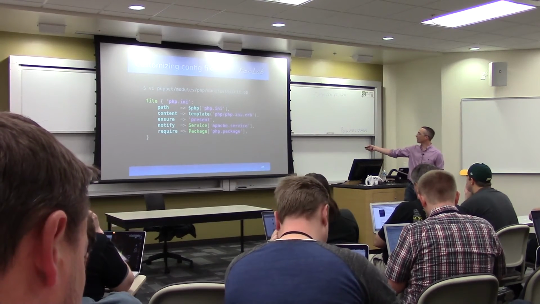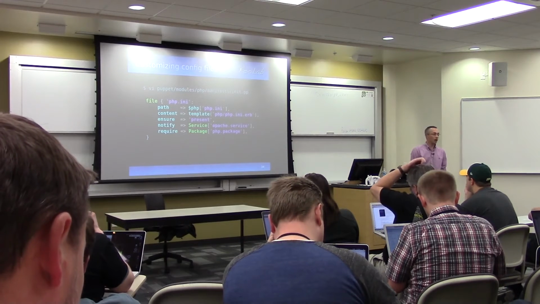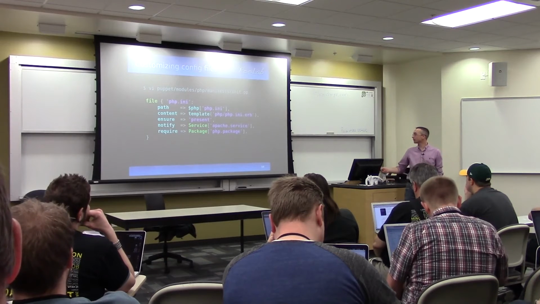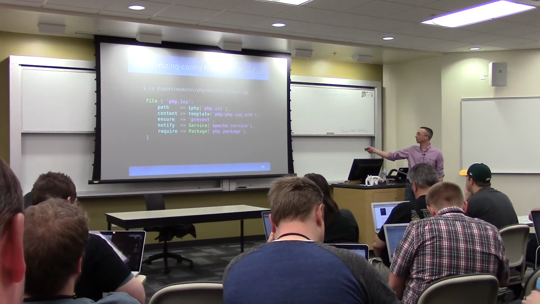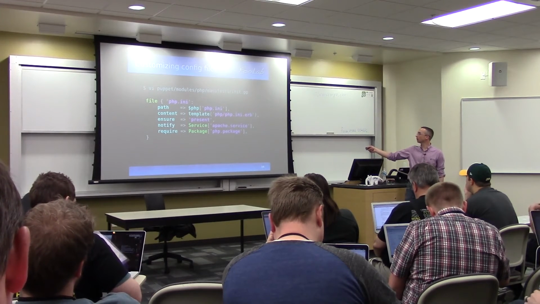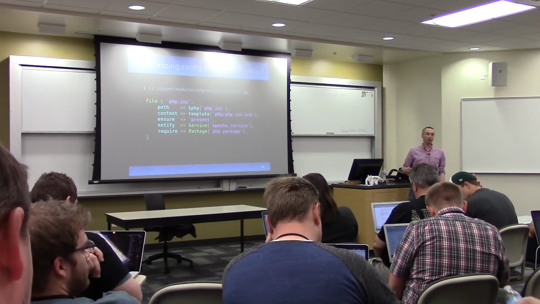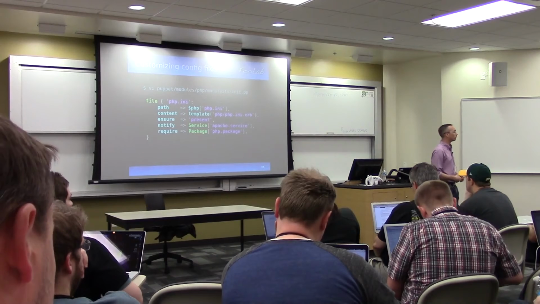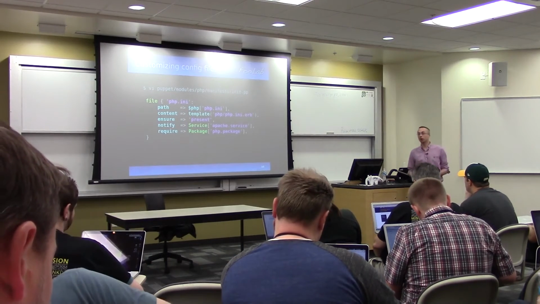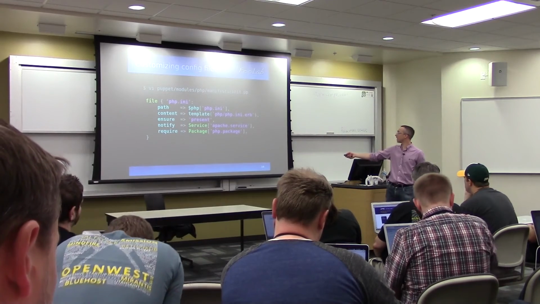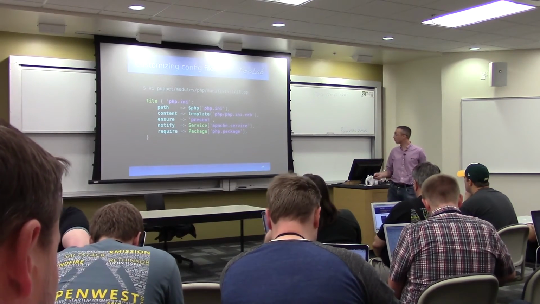It's a php.ini.erb. ERB is a Ruby templating system. So here what will happen, I will be able to call my PHP variable in that template. Whenever I change my configuration, so for example, if I want to turn on error reporting, it will notify the Apache service and reload Apache.